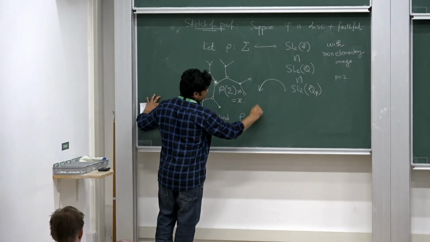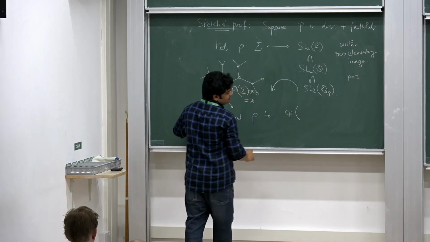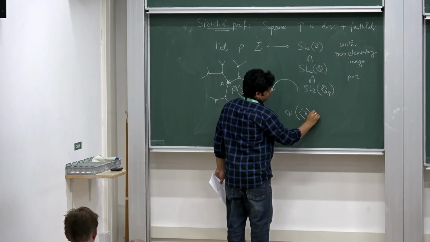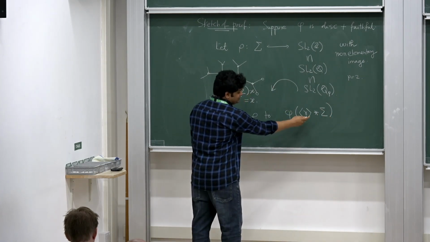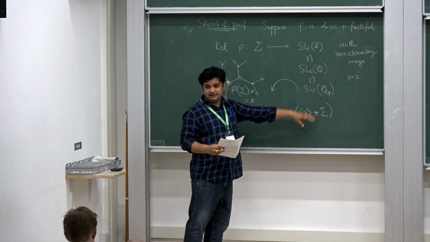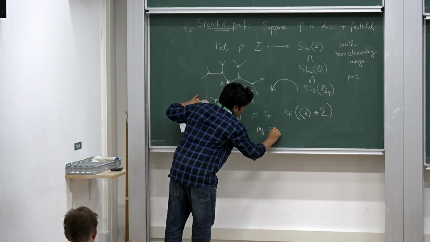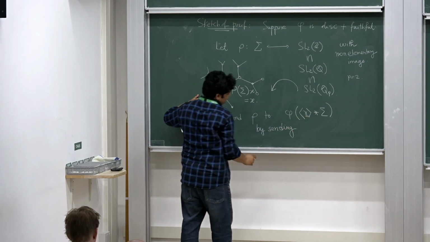So extend rho to the image of, which we assumed is isomorphic to this, right? By sending this element freely anywhere.